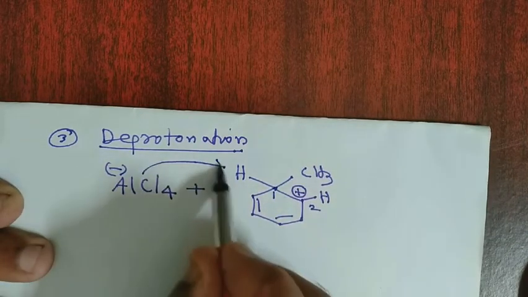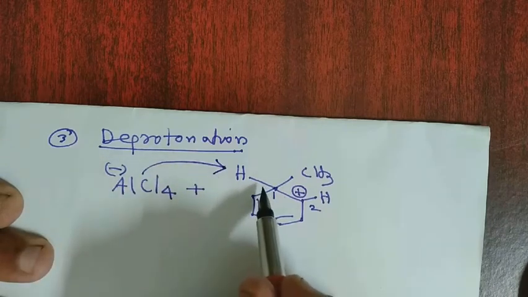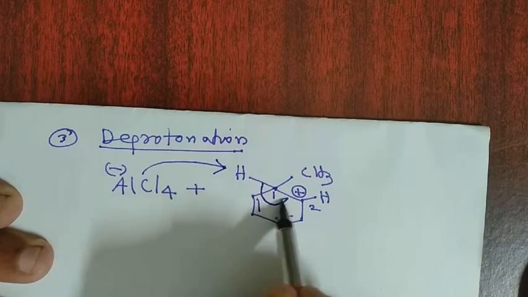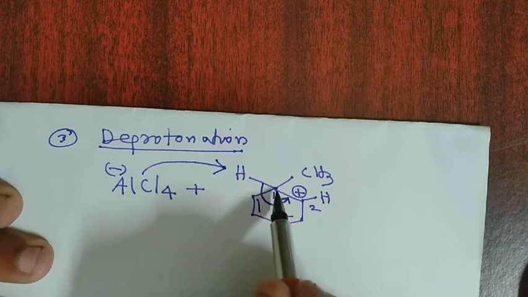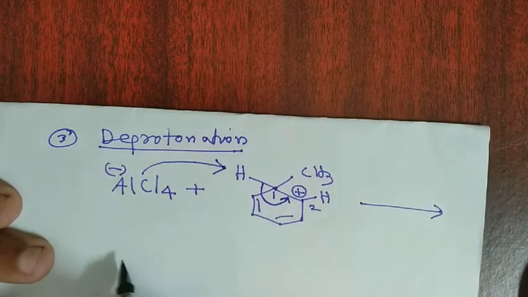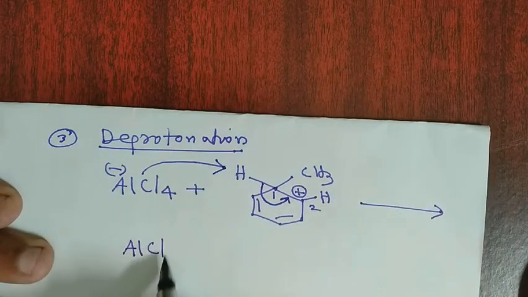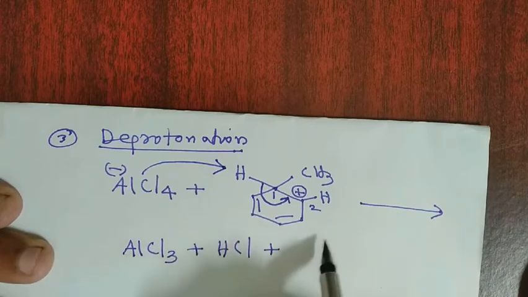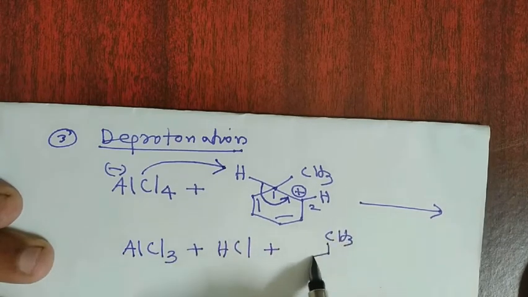This AlCl4 minus abstracts a hydrogen atom from sigma complex as a proton. The sigma electrons of the C-H bond are shifted to the benzene ring, giving AlCl3 regenerated catalyst, HCl and toluene.